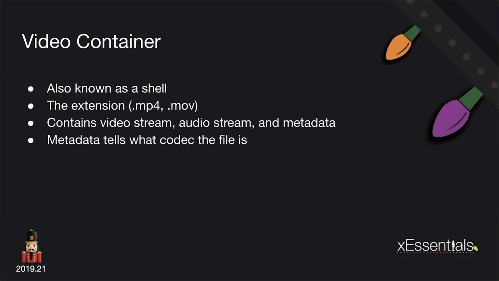It could tell you your image or video size, your bit rate, your bit depth. It could even give you copyright information. All these other data pieces, which are just text, aren't actually part of the video, but are good things to have as part of the file. So we have the video stream, the audio stream, and the metadata.